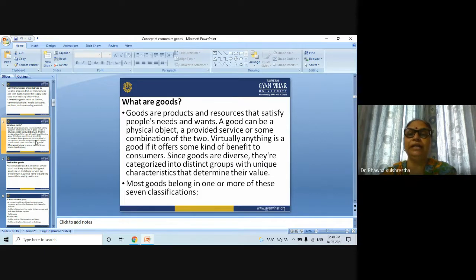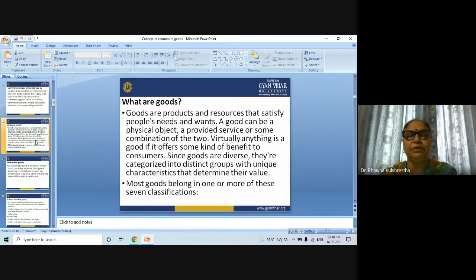Virtually anything is a good if it offers some kind of benefit to consumers. Since goods are diverse, they are categorized into distinct groups with unique characteristics that determine their value.